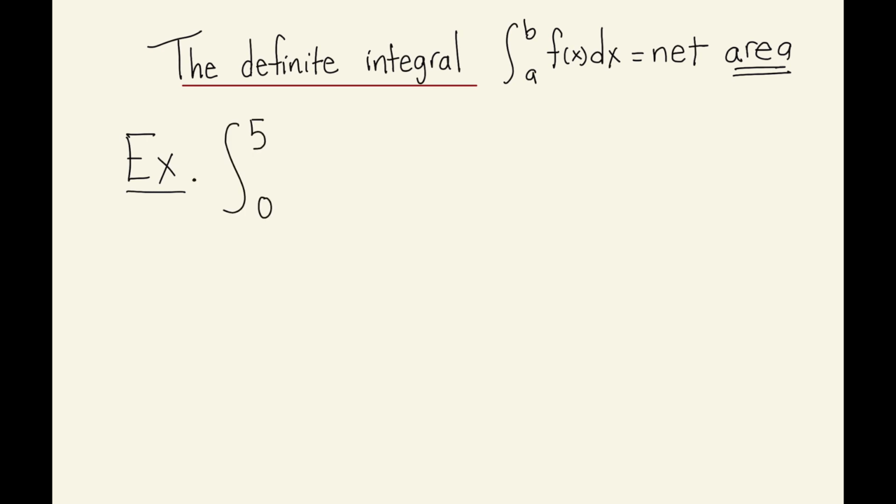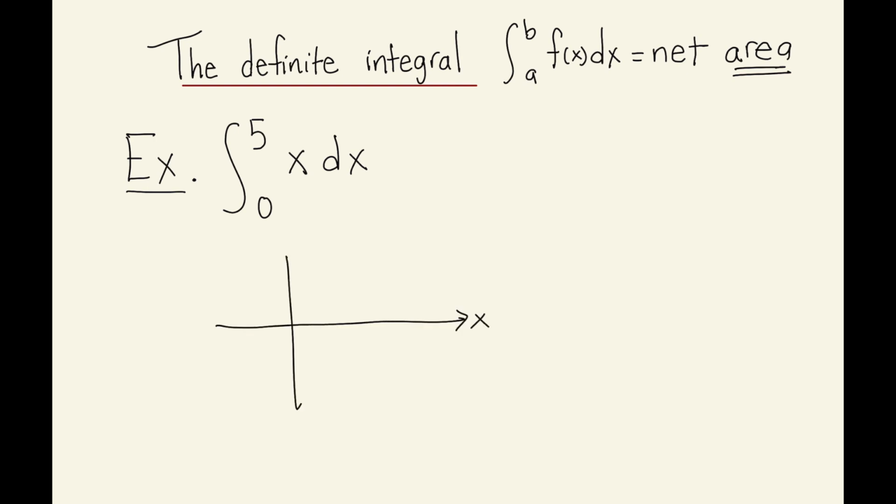So let's suppose I want to calculate the definite integral of x dx from x equal 0 to x equal 5. So this is my function here. In this case, using the idea that this is net area, I would ask myself, what does this region look like? So let's just graph this really quickly.